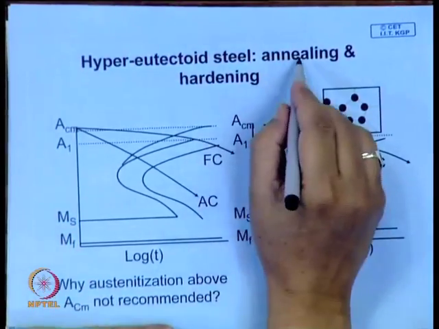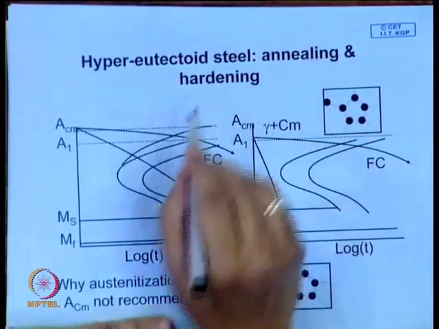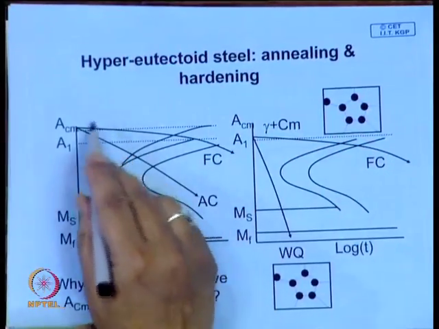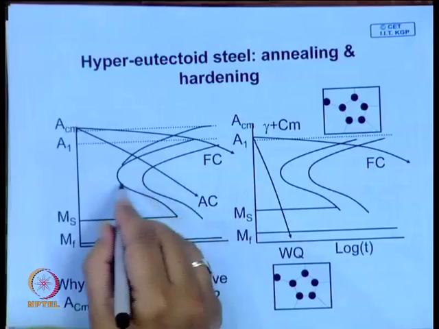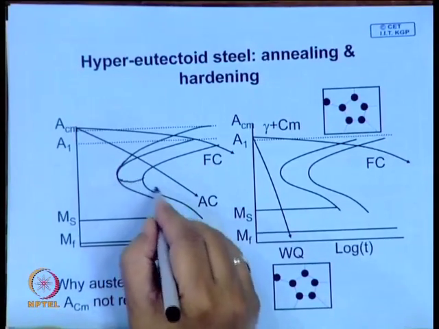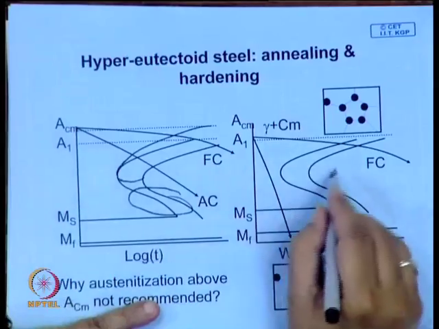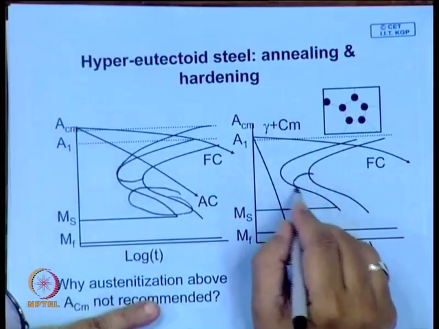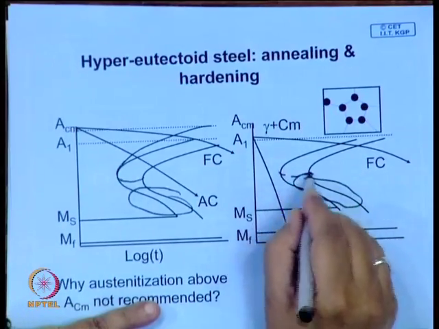However, for annealing and hardening, if you follow the same thing, we will concentrate on this CCT diagram. This portion we ignore, which you may not get in continuous cooling.